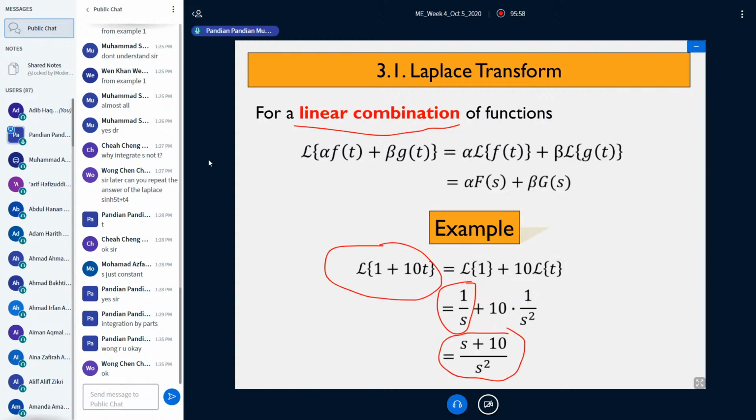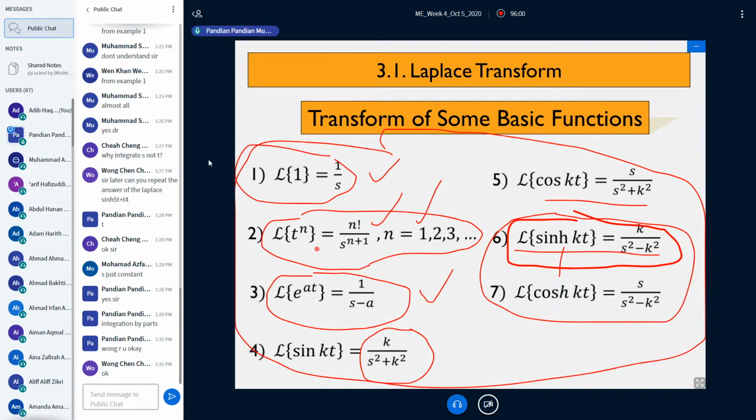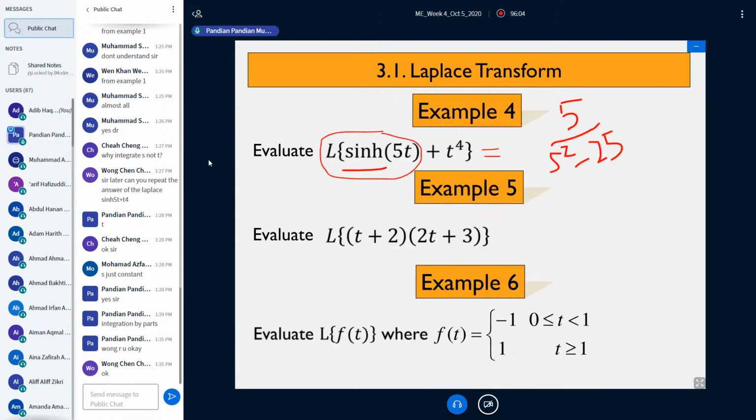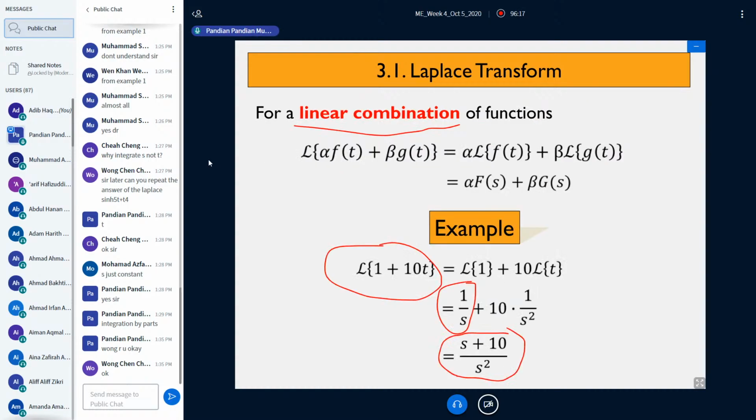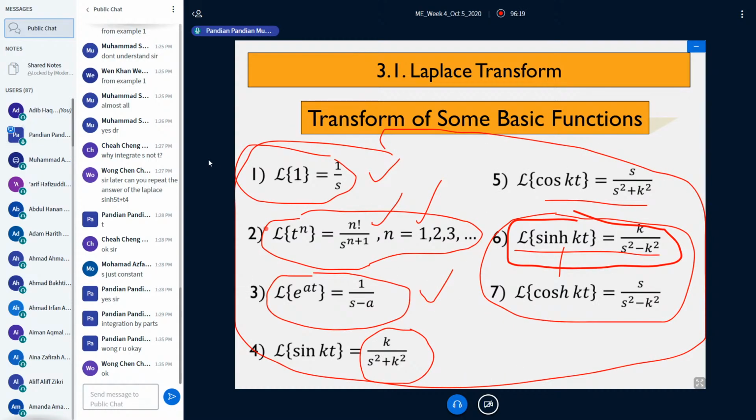Laplace of t power 4, you go back to the table. Your n is 4. Plug in n is 4. So 4 factorial. Go back to the table again, class. If you don't use the table, you cannot do it. That is not the right way.